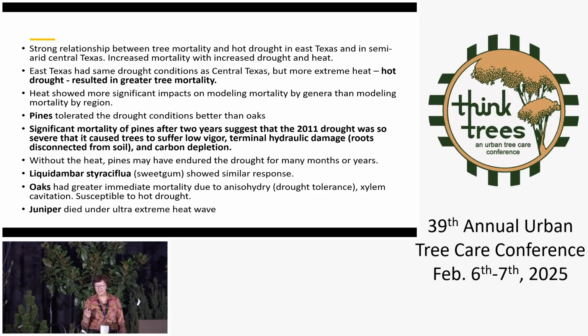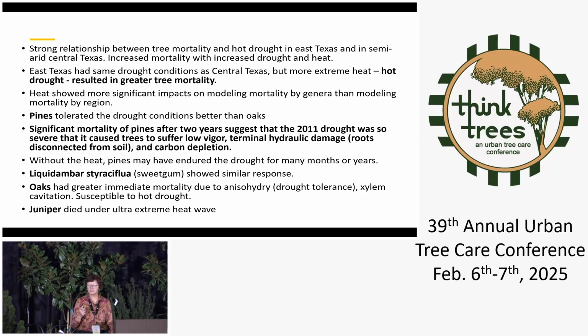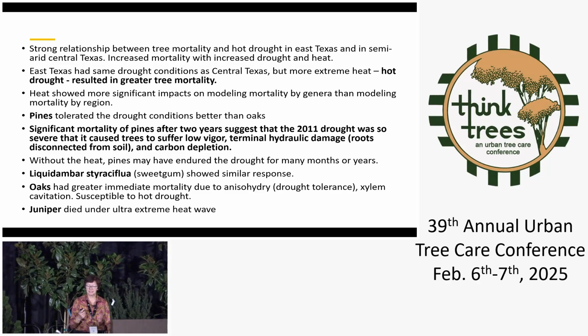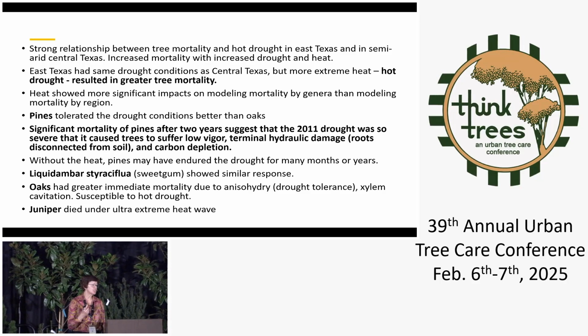Essentially again, the tree mortality was most exacerbated by that hot drought, and the hot drought resulted in the greatest mortality. So the combination of heat and drought is most likely what will be one of the most challenging factors in the future. And the pines tolerated the drought conditions better than the oaks.